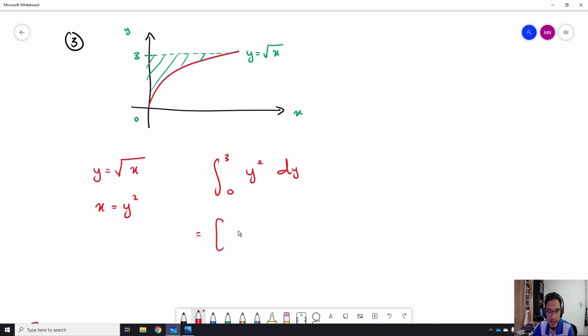So the integration gives us y to the power of 3 over 3 from 0 to 3 plus c. So we substitute into the equation, then we have 3 cube over 3, and that will be equal to 9 unit square. So that is the area for the shaded region.